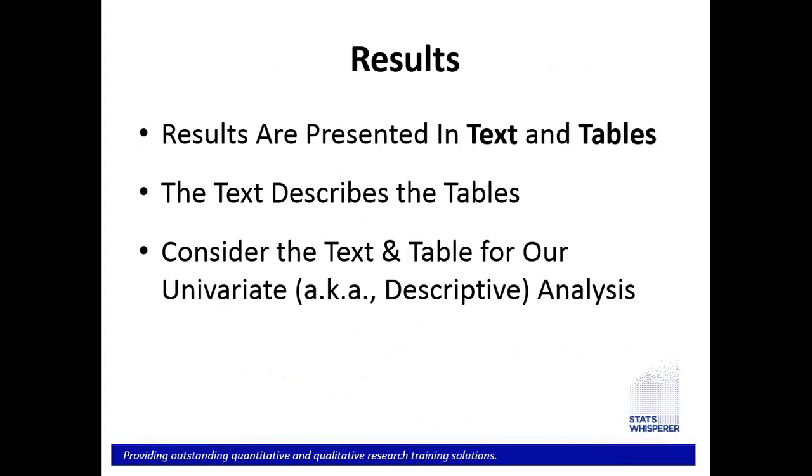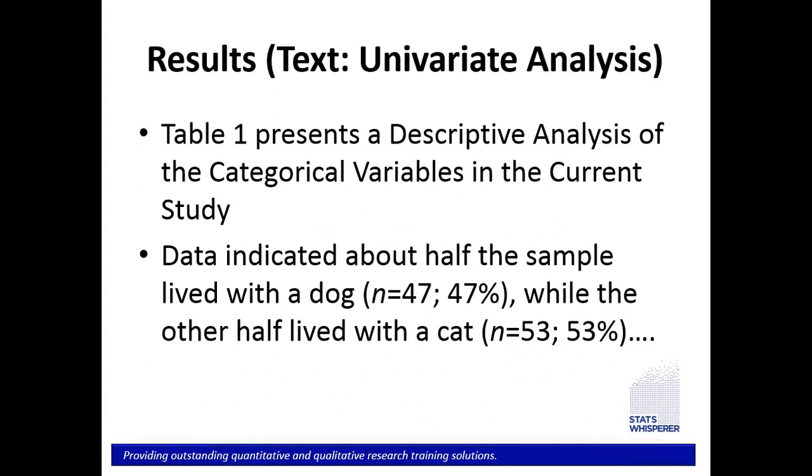Now, as we said earlier, the results are presented in text and tables. The text describes the tables. So we're going to consider the text and tables for our univariate descriptive analysis right now. As we said, the book presents all this in greater detail because you could read the entire section in the book, and you can't really fit the entire section on the slide.